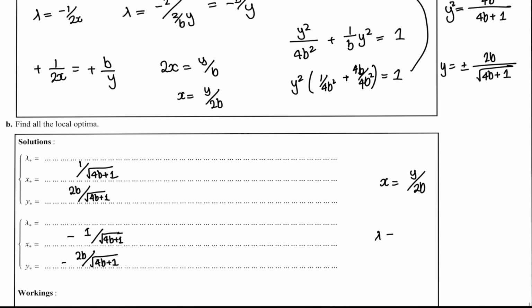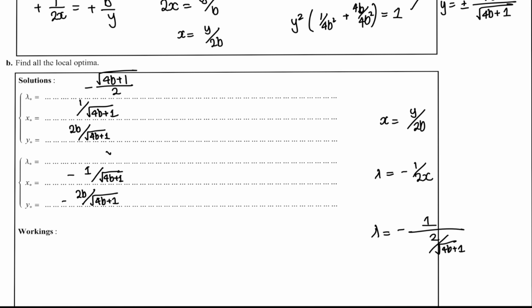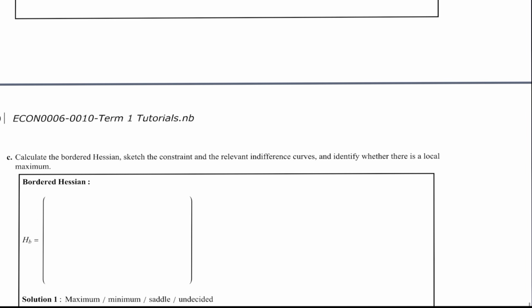Lambda is equal to minus 1 over 2x. So that means lambda is equal to minus 1 over 2 over root 4b plus 1, which can be written as minus root 4b plus 1 all over 2, and over here it will be positive root 4b plus 1 over 2. Cool, hopefully that made sense.